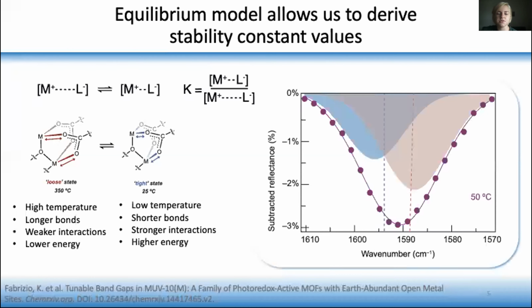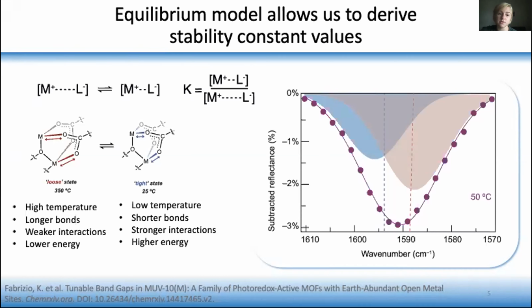By taking the spectra of all temperature values and performing global fit analysis of the band, we are able to get the areas of peaks for each component. And area corresponds to the population of certain species, that is the concentration of these species at a given temperature.